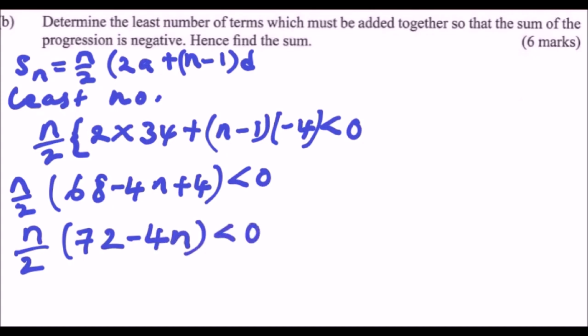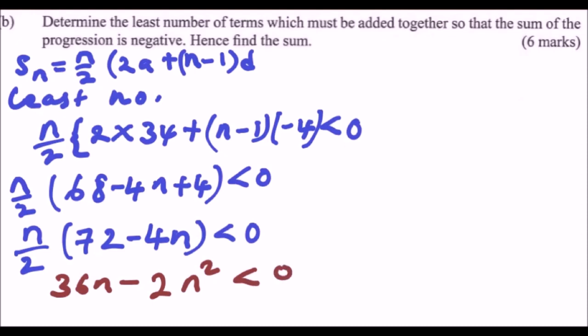From there, once you open the bracket, you get n times 72 over 2, that will give you 36n, minus n times 4n over 2, that is 2n squared. 2n squared must be less than 0.